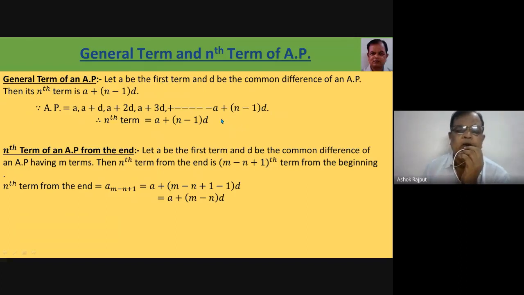So if we want to find the nth term, then in place of n we will write n minus 1, because the term is nth and the coefficient of d is less by 1, so the nth term is a + (n-1)d.